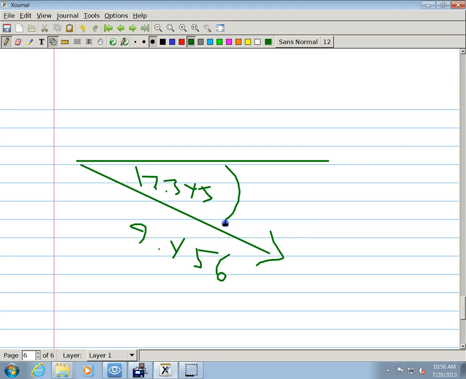What I want to know is, what is this vector? I want to end up going this way, right? I want to go toward Jupiter. Let's say this is toward Jupiter. I'm going this way. I want to fix my course. All right? So what is that angle? What is that vector?